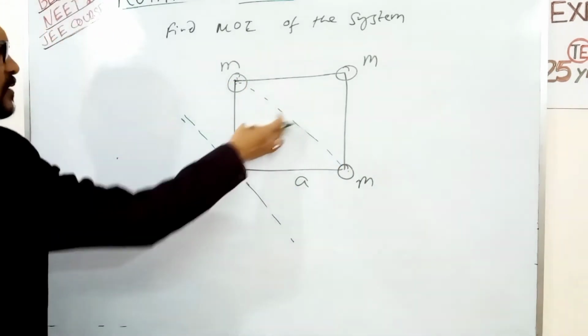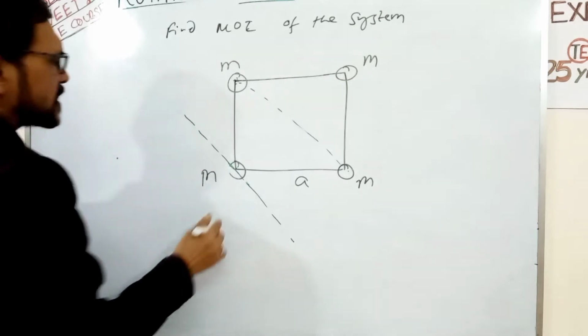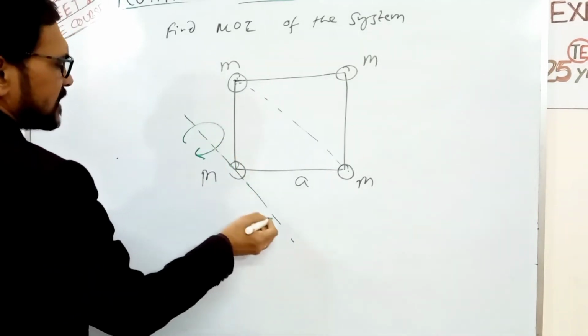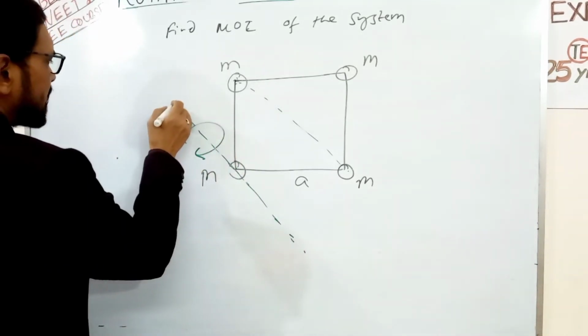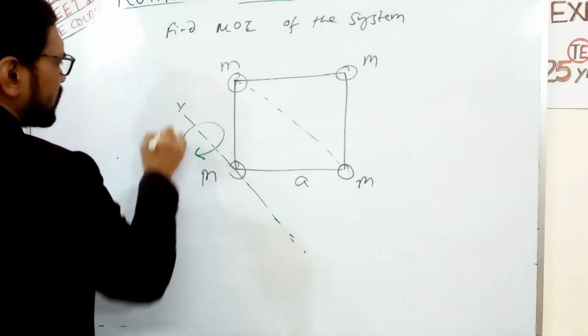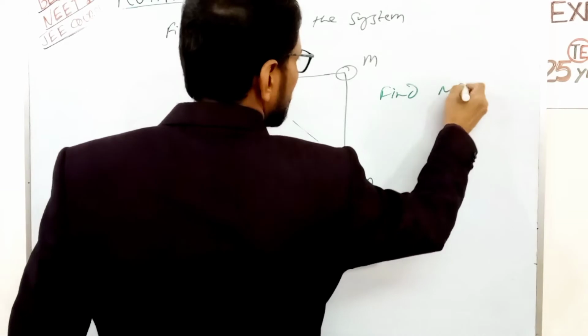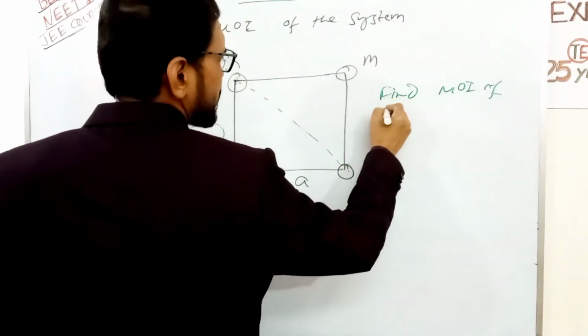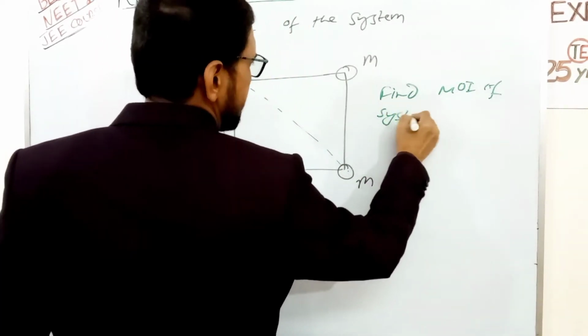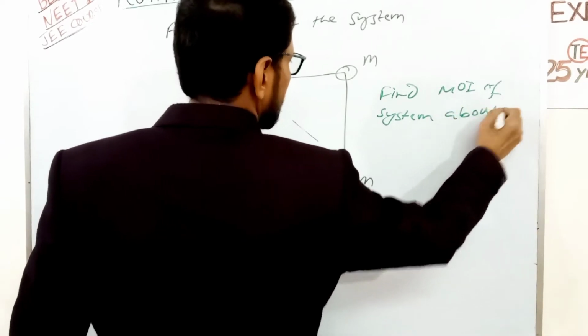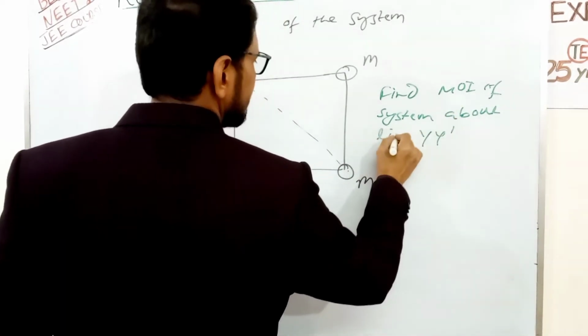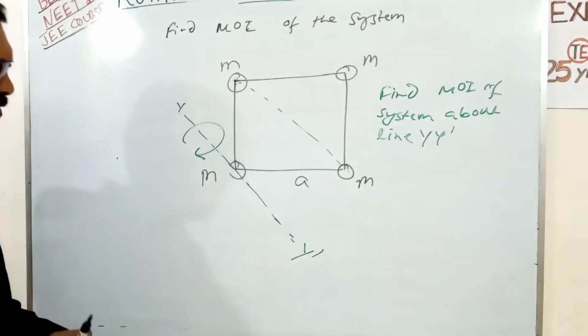What is the moment of inertia about this line? Suppose this is y dash. Find the moment of inertia of the system about this line.